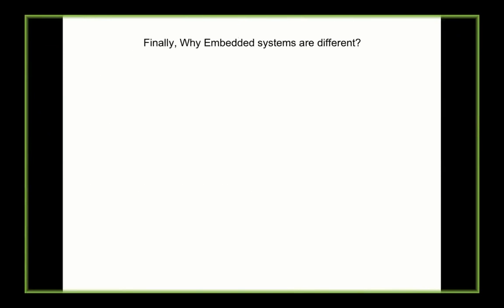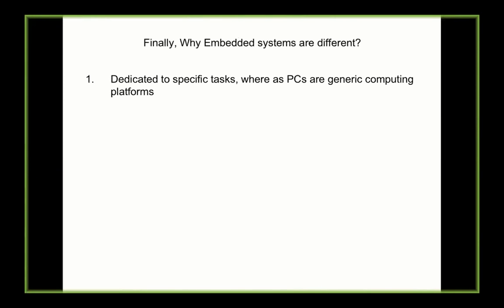Why are they different? To conclude today's session, embedded systems are different because they are dedicated to specific tasks and PCs are generic computing platforms. There are a lot of processor architectures supported in embedded, unlike desktops, which have a bunch of two or three processors.